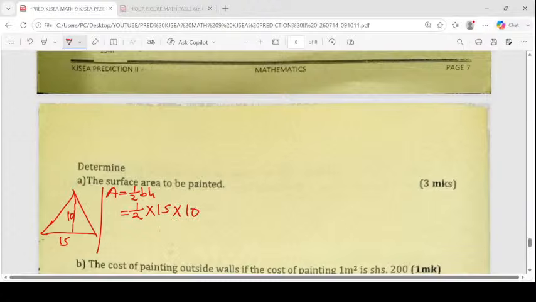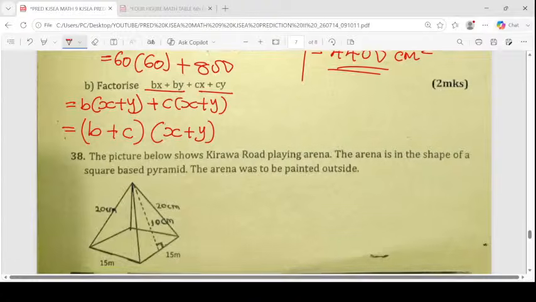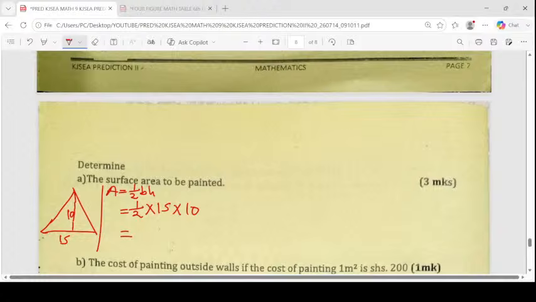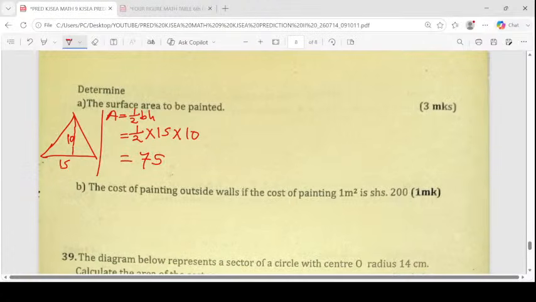So this is going to give you a half times 15 times 10. I hope I've read it well. Yes. So when you take that, it is 75 square centimeters.